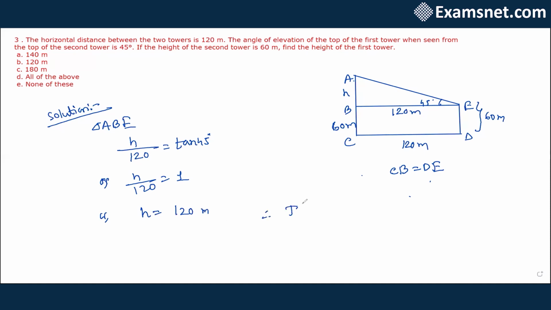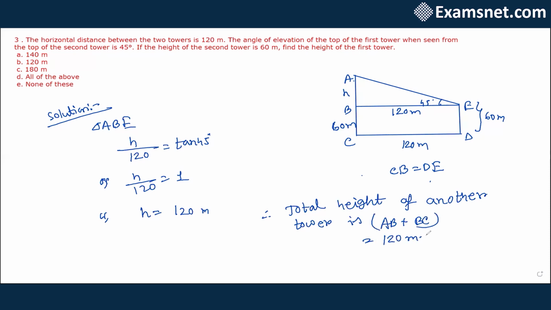That means the total height of the other tower is AB plus BC. So it is 120 meter plus 60 meter, 180 meter is the correct answer. Option C is the correct answer.